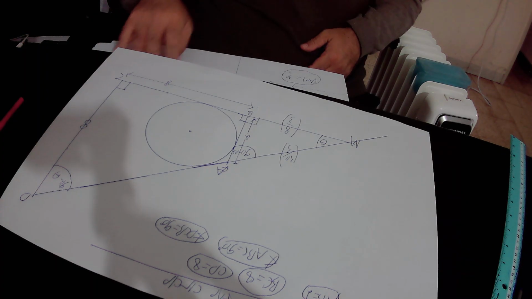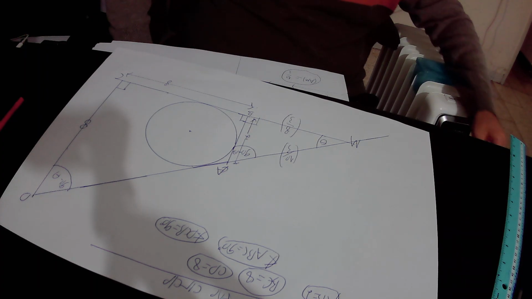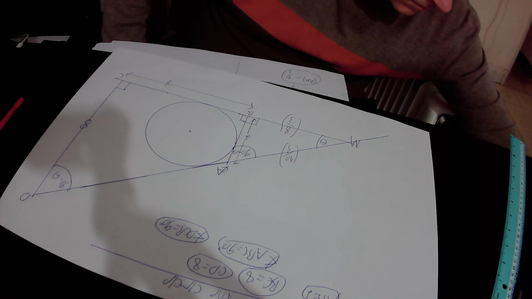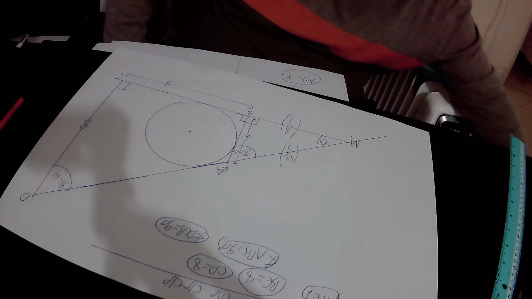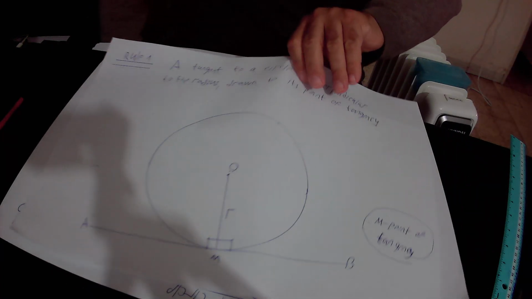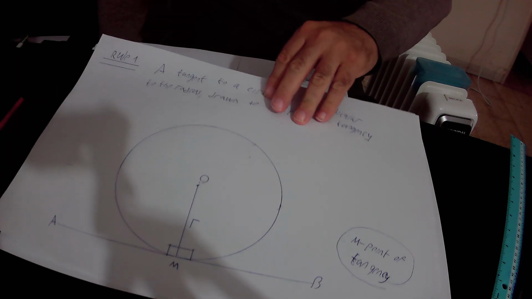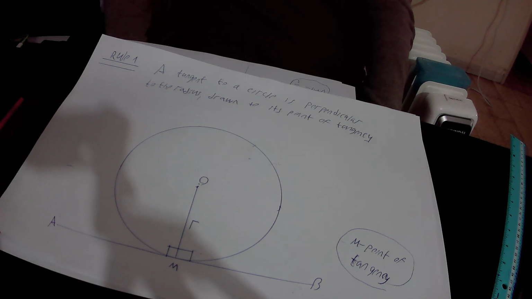In the next step, I will present to you rule number 1 and we will implement the rule in our drawing. According to rule number 1, a tangent to a circle is perpendicular to the radius drawn to its point of tangency.